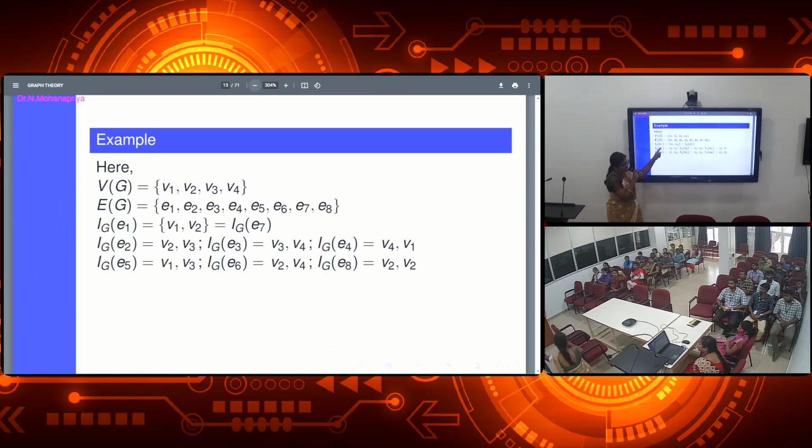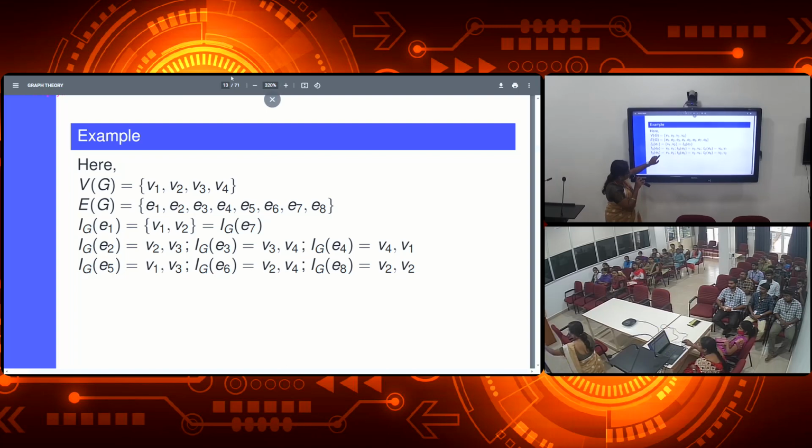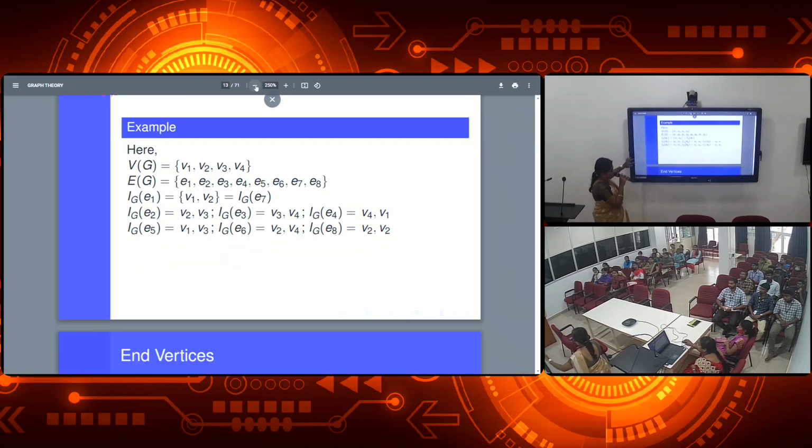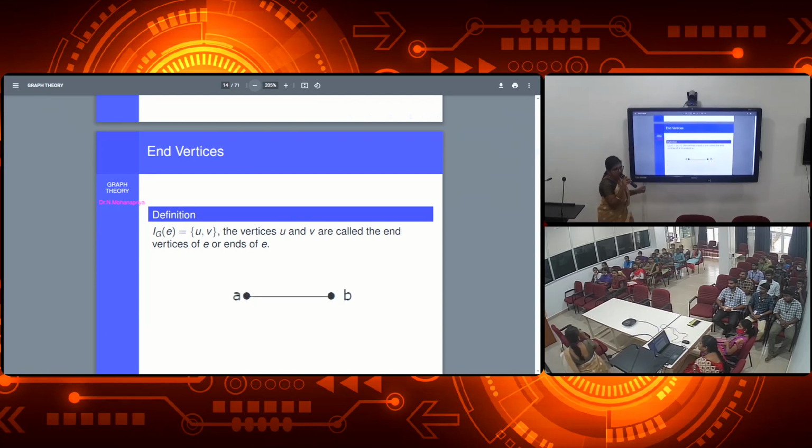That means I of G of E1 is V1 and V2, I of G of E2 is V2 and V3, and so on. Next, an edge is nothing but a line which connects two vertices, there is a connection between the two vertices.